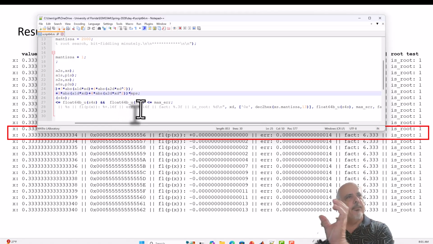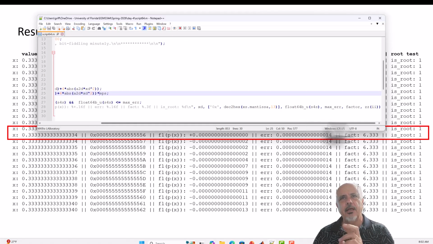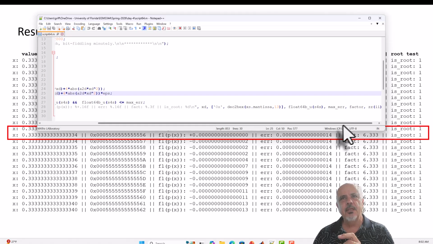All right, then it's showing my error. The error is the max error, which came from that absoluted polynomial, and that's the bound. And you see here that the 13 absoluted would be less than the 14, so that's why it's a root. I like to print out this factor.